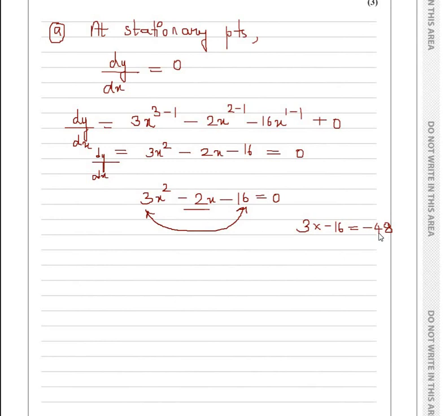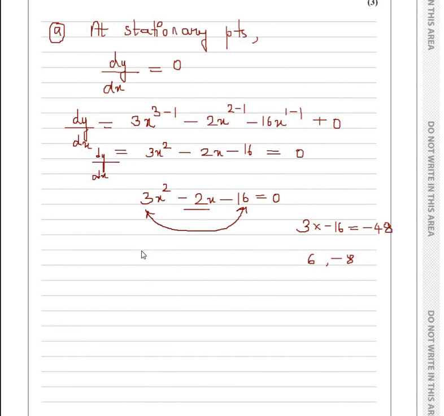The factors of minus 48 which I can think of are 6 and minus 8, because when you multiply 6 with minus 8, it gives you minus 48, and when you add 6 and minus 8, it gives you the middle term, which is minus 2.